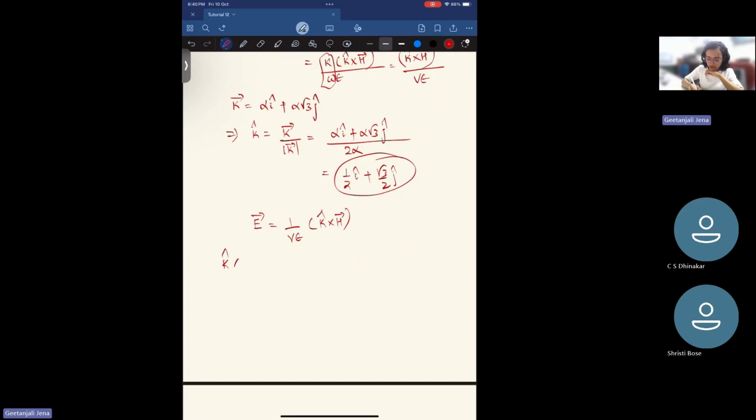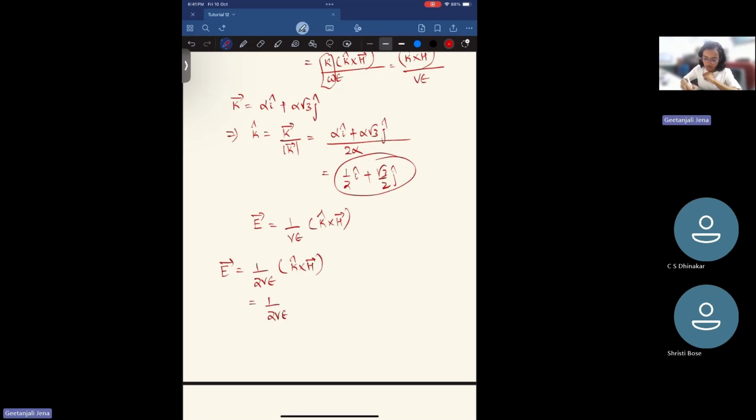So let us see k hat cross H. Let us calculate the final expression. It is 1 by 2 v epsilon k hat cross H.